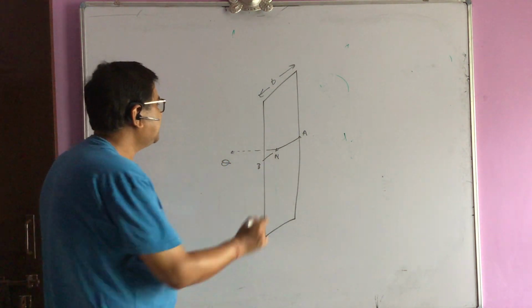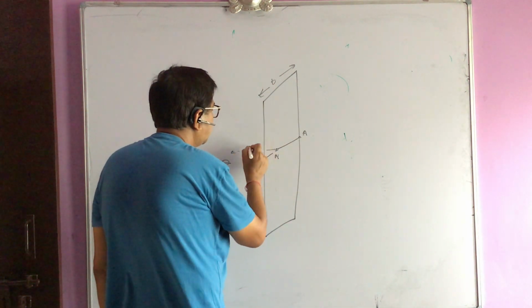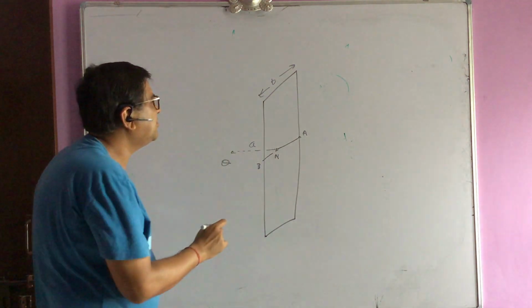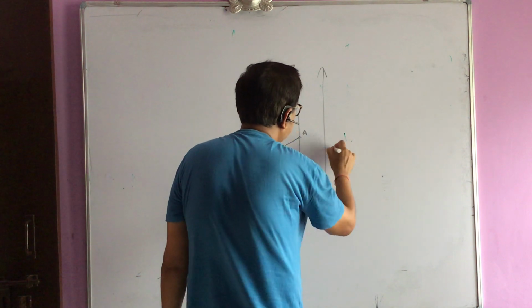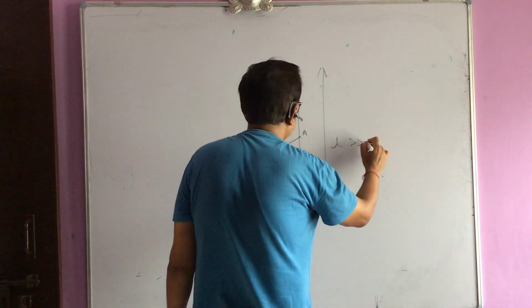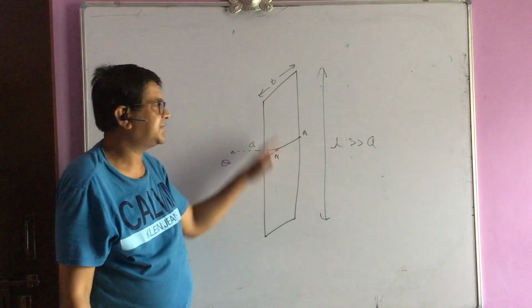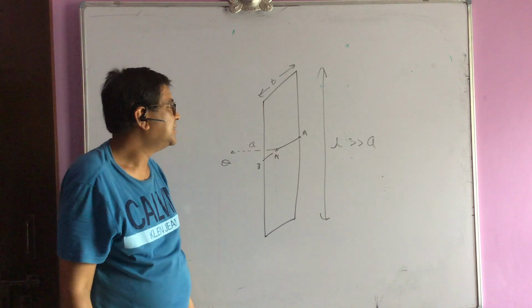This distance is, say, for example, Qn is going to be A, and this length is L, say. If L is very large as compared with A, we are going to call it the infinite sheet, a sheet of given width but infinite length.